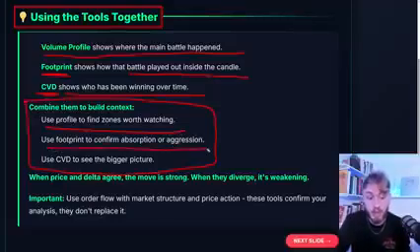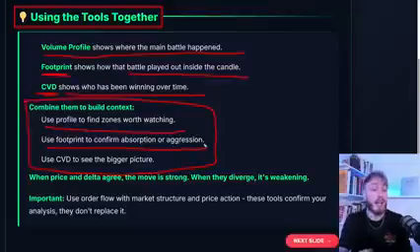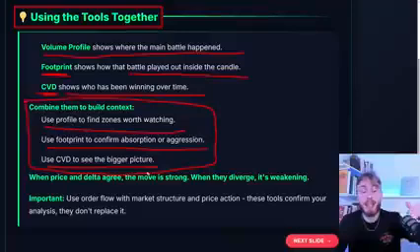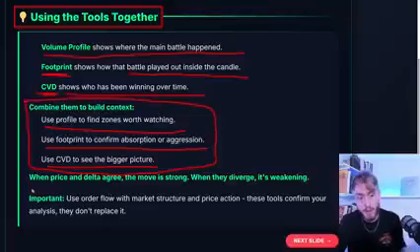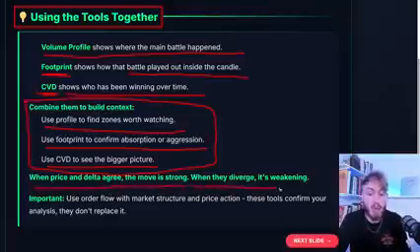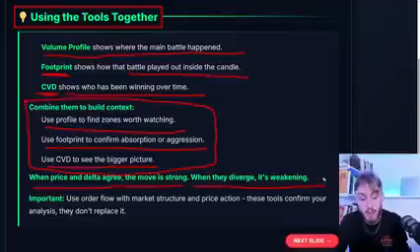You can use footprints to look for absorption and initiation, and also to find better support and resistance levels, and you can use the CVD to find divergences and to see the overall bigger picture, who is winning the long-term battle. And as a general rule of thumb, when price and delta agree, the move is stronger. When they diverge, it's weaker.